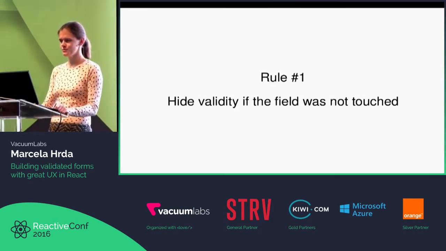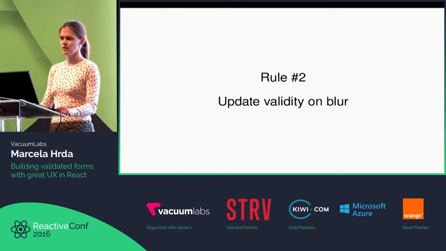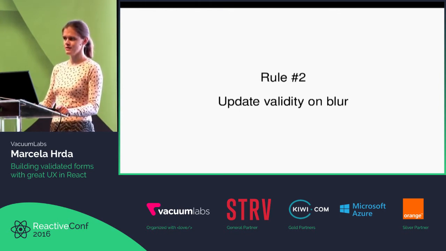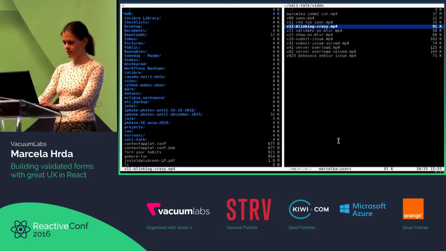So what do we do? We should wait until the user stops typing and only then display the error message. And this is usually done in the following way. We just wait until the user leaves the field, and then we update the validity. Something like this.